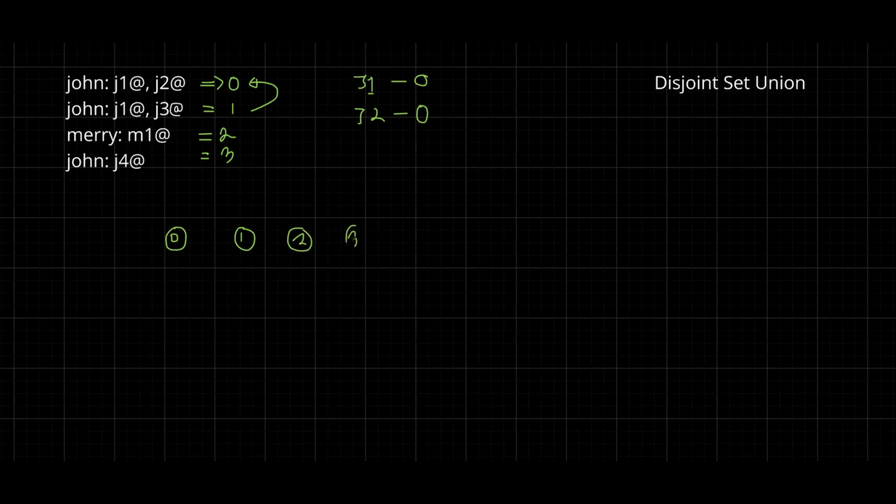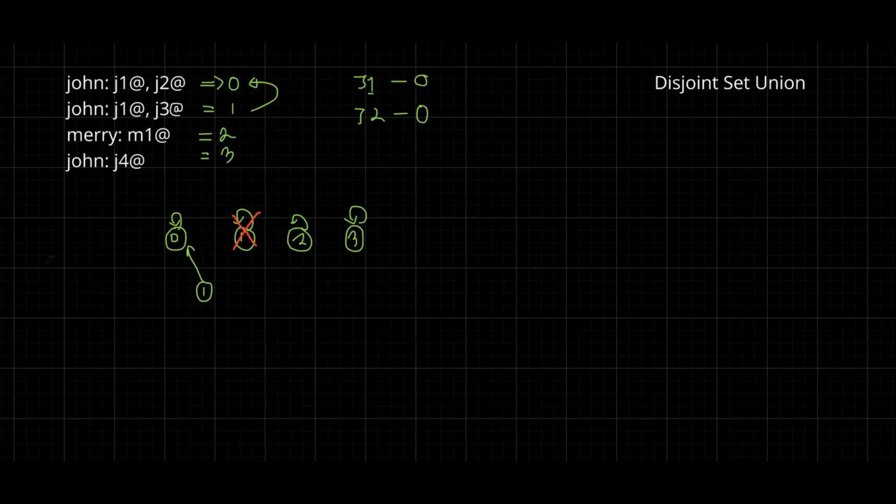That means 0 is the parent of itself, 1 is the parent of itself, 2 is the parent of itself, and 3 is the parent of itself. Now, as this j1 is already present in the dictionary, we can say that 1 can be connected to 0, or merged with 0. So 1 is merged with 0 and this 1 will be removed.